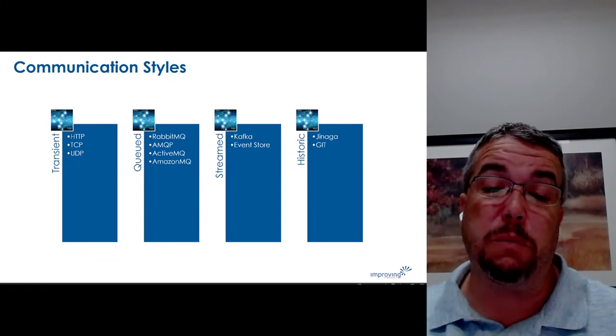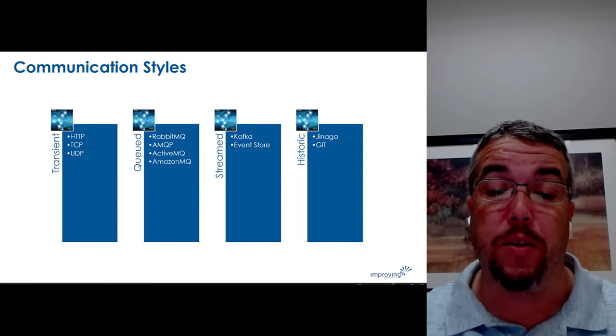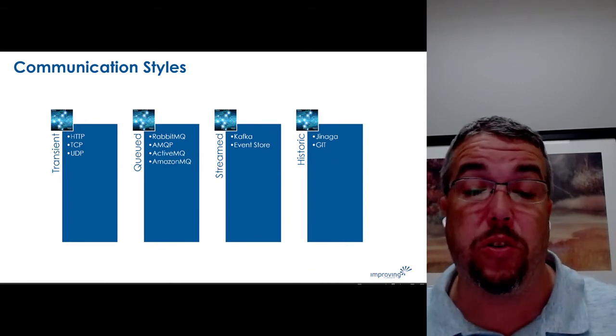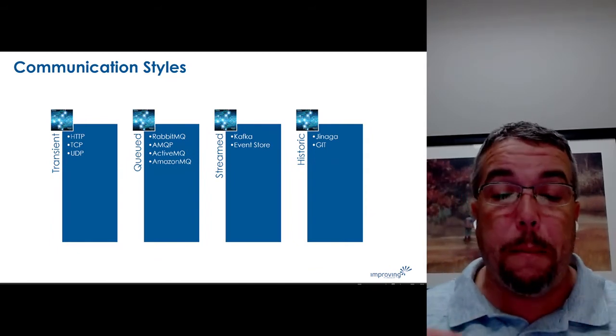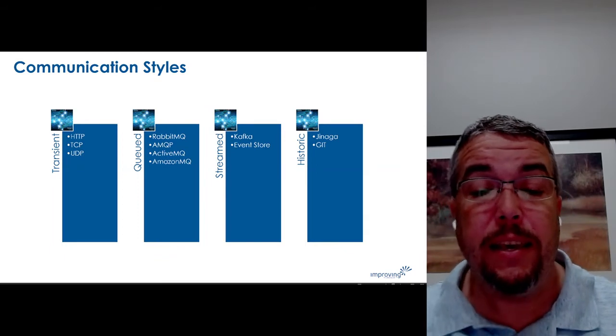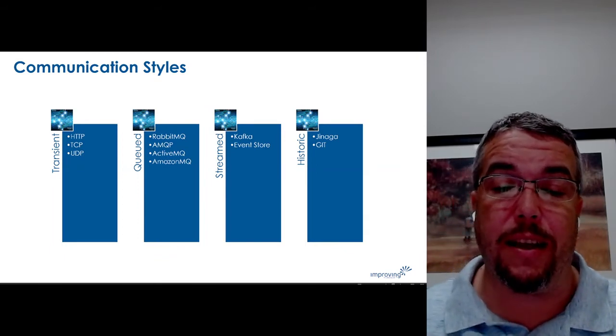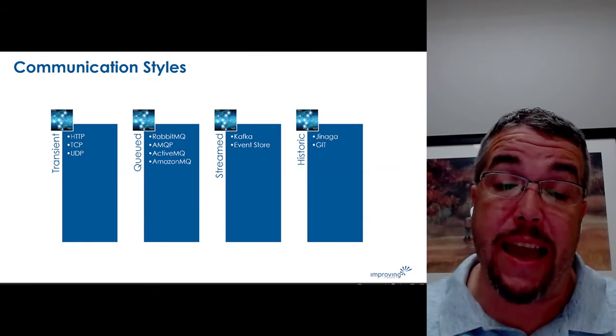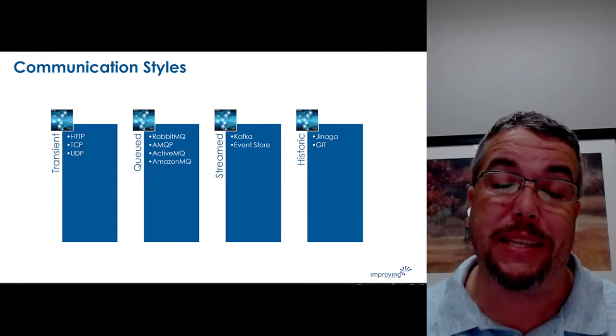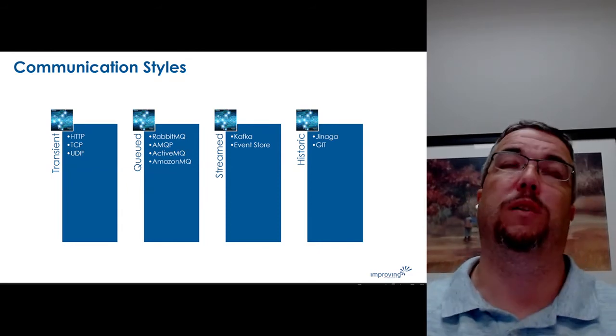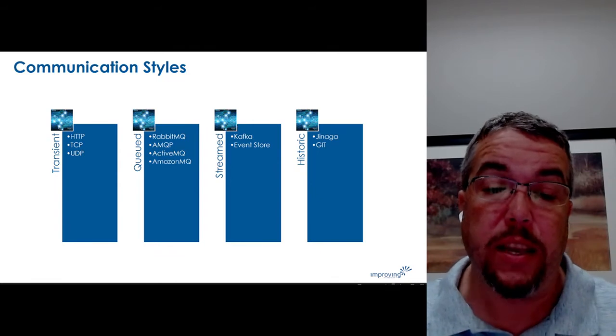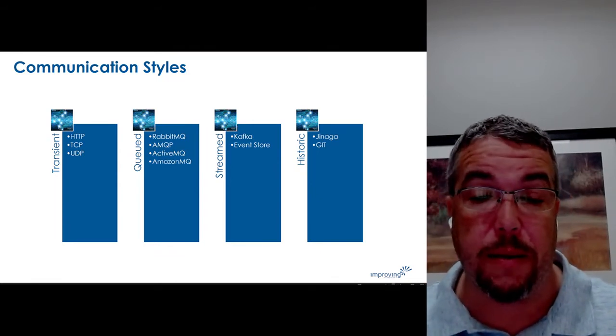Now, the king in this space is Kafka, though there are other excellent options in Event Store and otherwise, but it truly does say, let's not look at our message as an artifact. Let us look at our message as the actual final persistent record of what has gone on in our system.